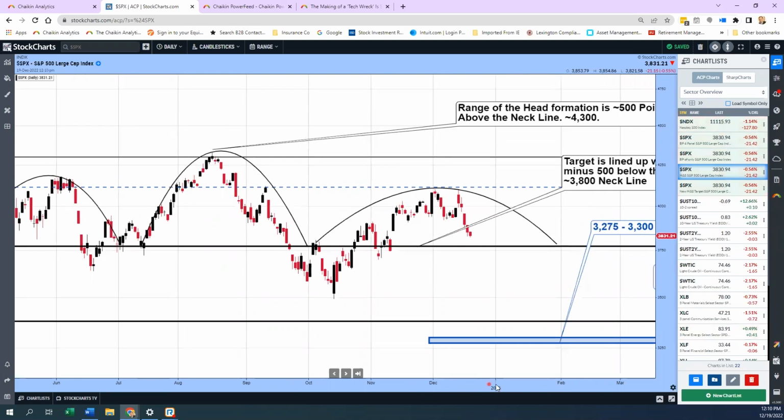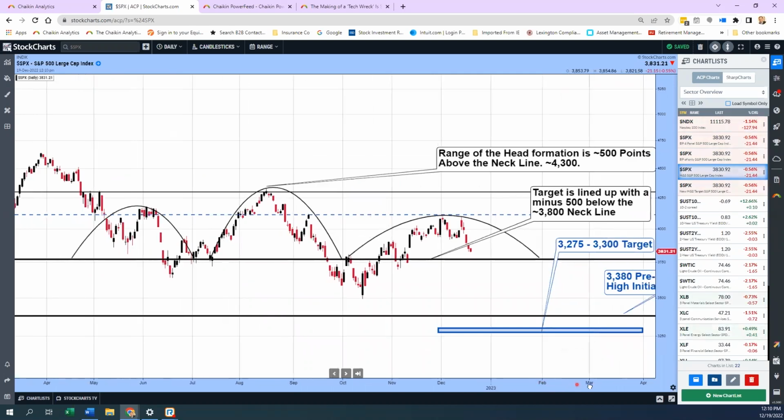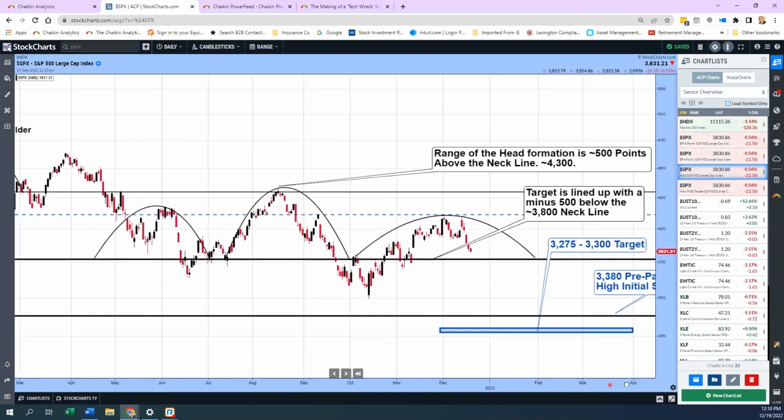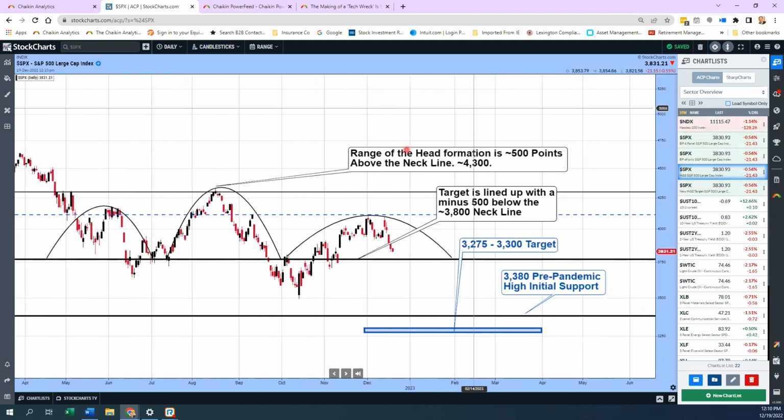A lot of people are getting there using different formats, using earnings projections and PE ratios of the S&P. I don't know if it's self-fulfilling, but it's all lining up in that same area. So if we break this area, this 3775, 3800, I would think that we're at least approaching previous lows and potentially new lows. So you've got to keep that in perspective.